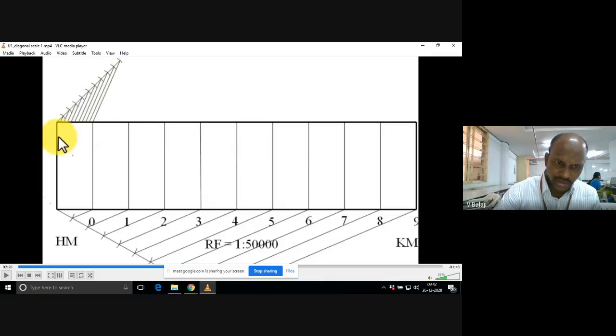Now earlier we were supposed to draw vertical lines from these points, but in the diagonal scale, don't do that. Just observe what I am doing. You got 9 lines from the 0 line. Carefully observe what I am drawing on the whiteboard.